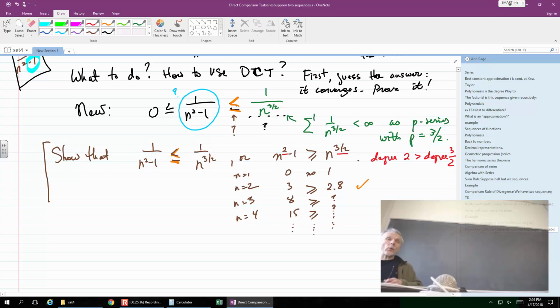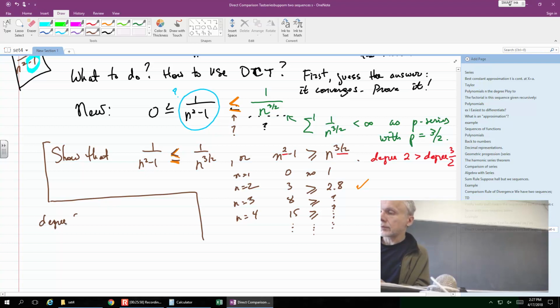Let's just examine this idea with polynomials. So a degree 2 polynomial will always overtake a degree 1 polynomial. So this will work out eventually. Degree 2, degree 1.